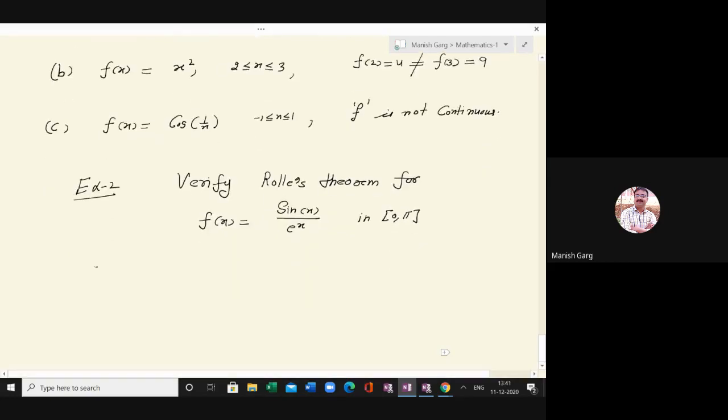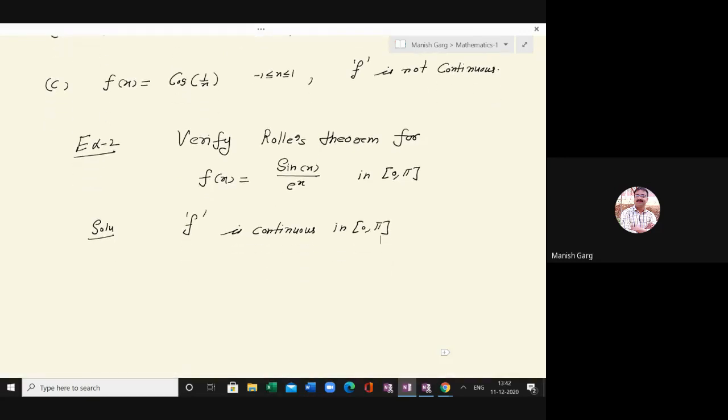Let us check. Clearly sin x is continuous, e raised to power x is continuous, so sin x over e^x is continuous. So you can write f is continuous. You can write directly in the exam that sin x is continuous, e^x is continuous, and e^x is not becoming 0 at any point in [0, pi], so sin x over e^x is also continuous.